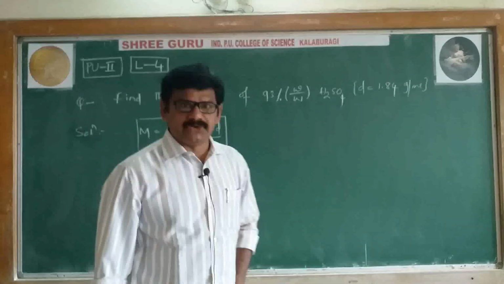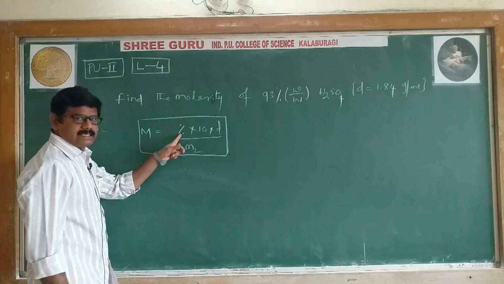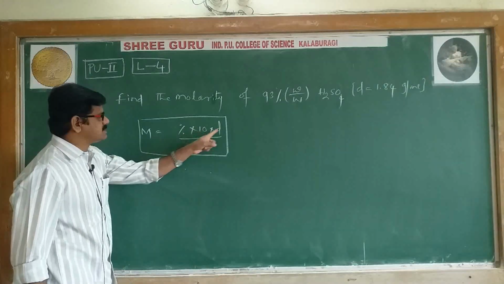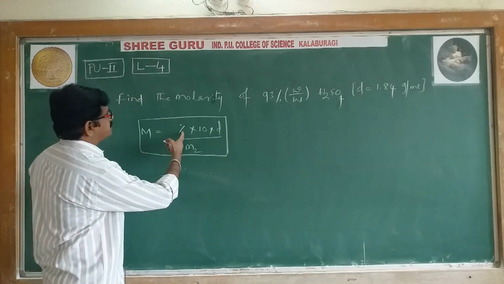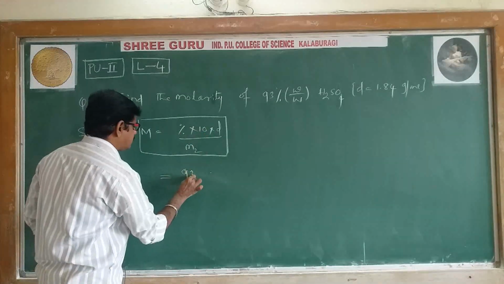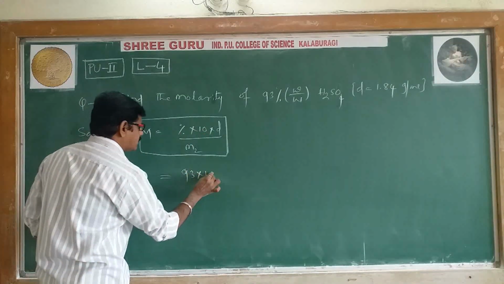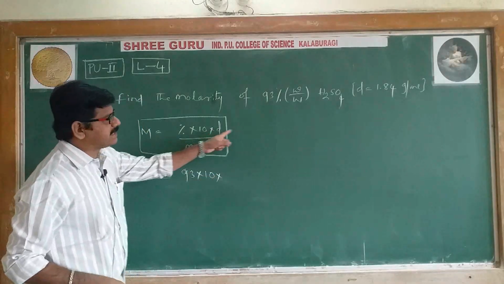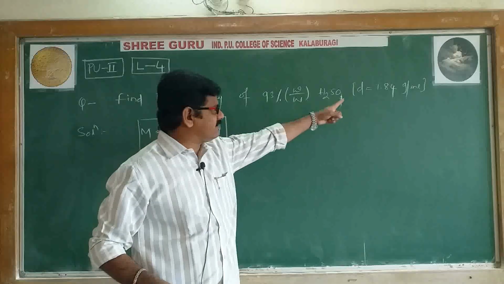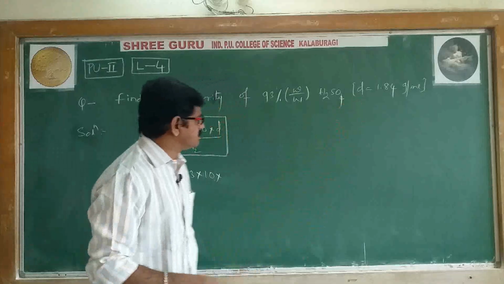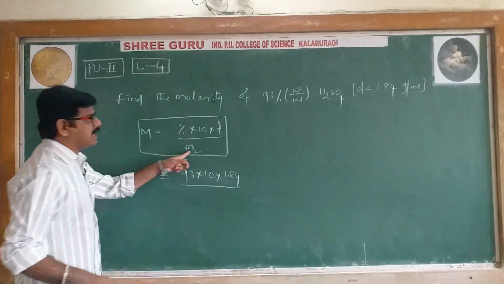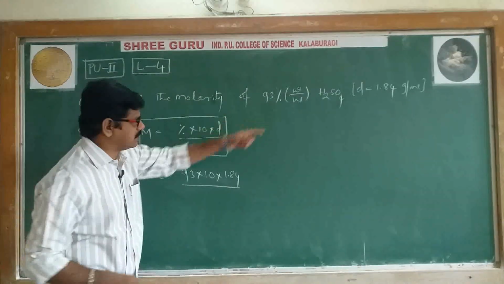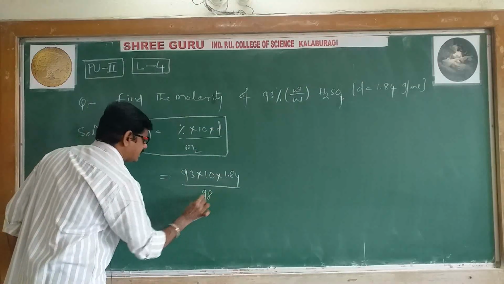Here, percentage into 10 into density by molar mass of solute is nothing but the percentage already given, 93%, into 10 into density of solution given, 1.84, divided by molar mass of solute H2SO4, that is 98.